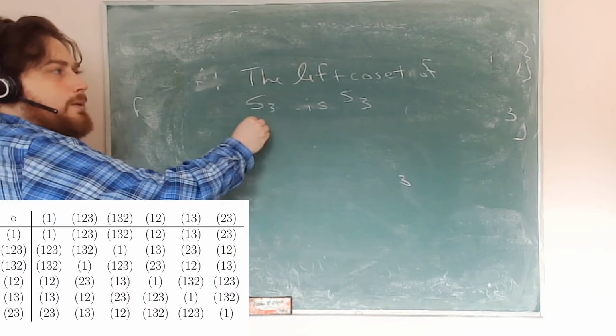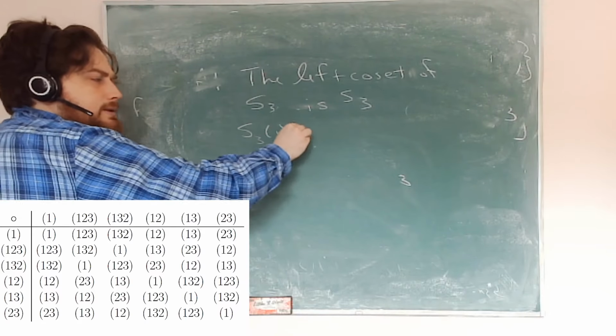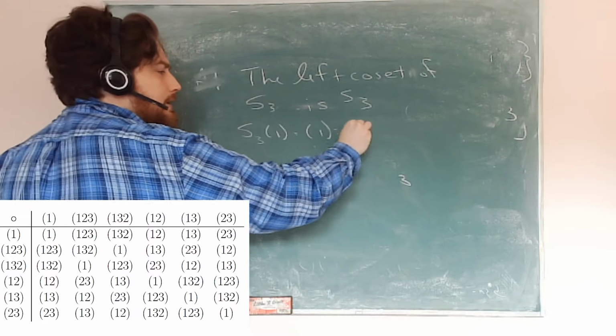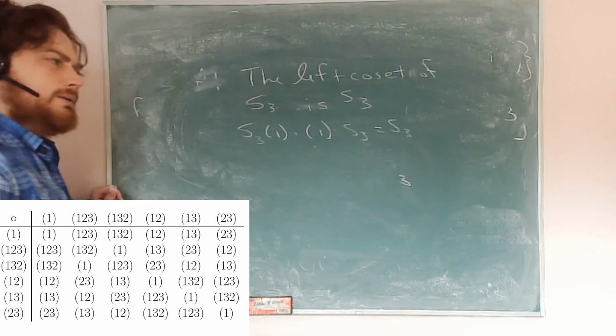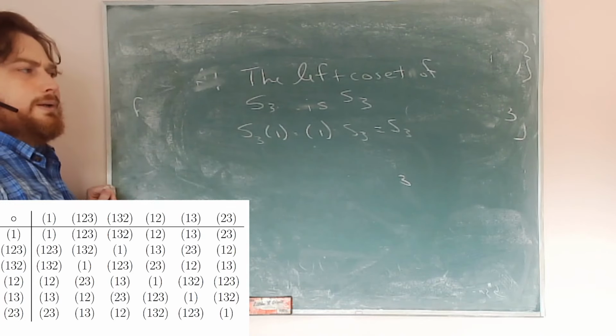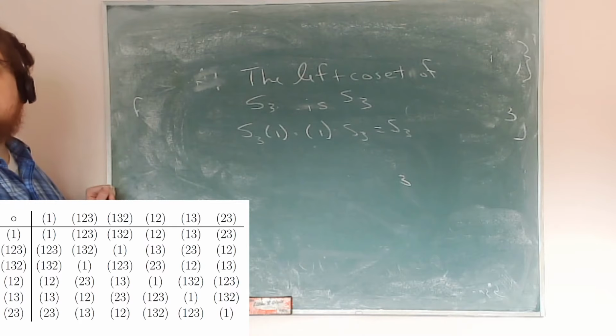And so if you want to be more precise, you could say something like S3 times 1 is equal to 1 times S3 is S3. So all the left and right cosets, that's the only possibility. That's what we end up with. Any questions on that one?